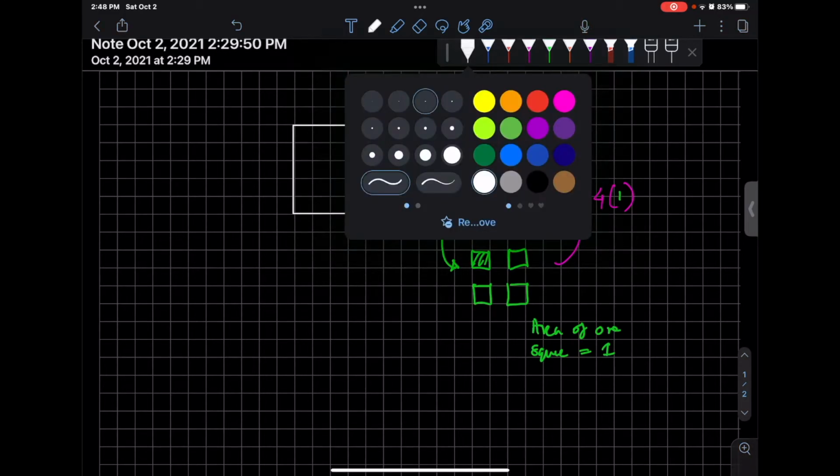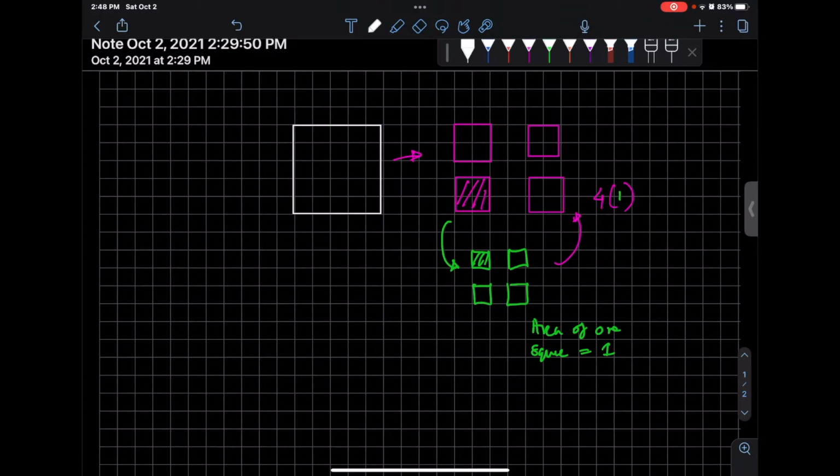It says, hey, you're made up of 4 of me, and one of me has area of 4. And this function finally goes, oh right, I'm made up of 4 of you, and one of you has area of 4, so I'm going to multiply you by 4, and then I'm going to have the answer that my area is 16.